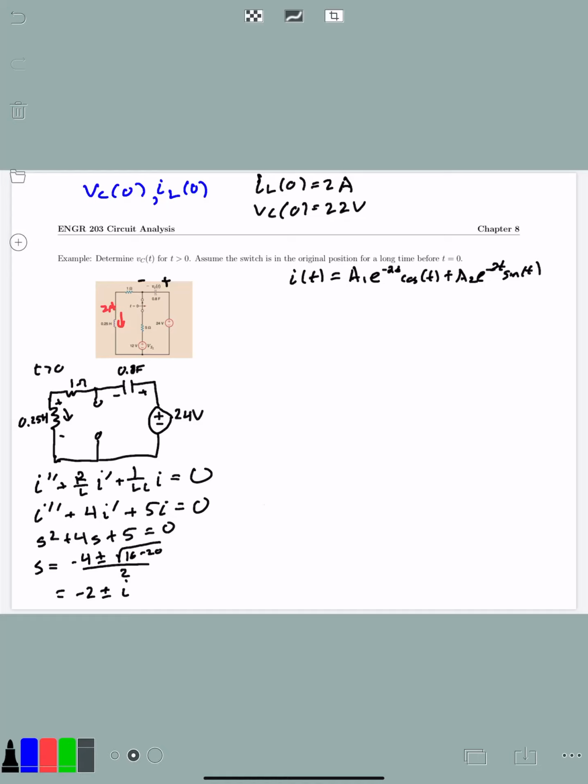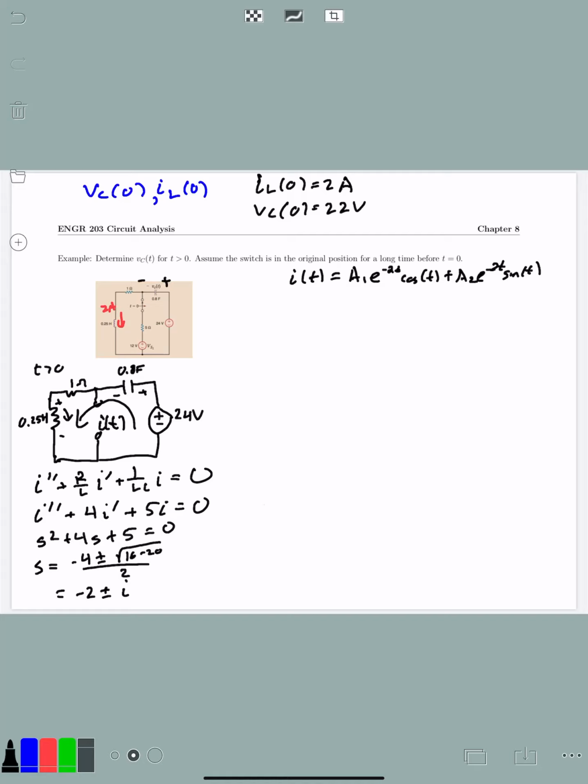Now, we do have a little bit of an issue here. The issue is that what we have for the differential equation for I of t, everything's correct for that, but that's going to let us find the I of t. And by the way, my I of t in this case is going counterclockwise in order to follow passive sign convention everywhere.